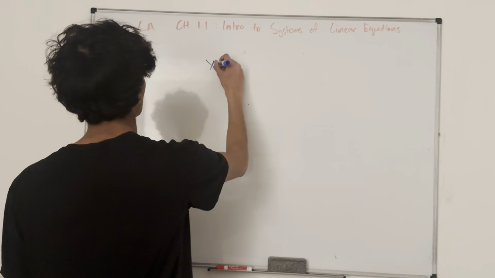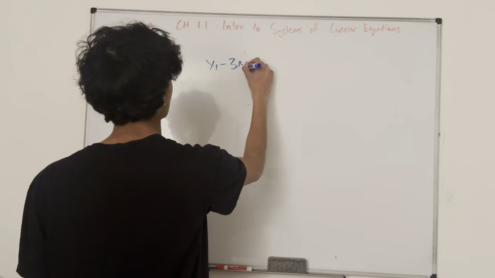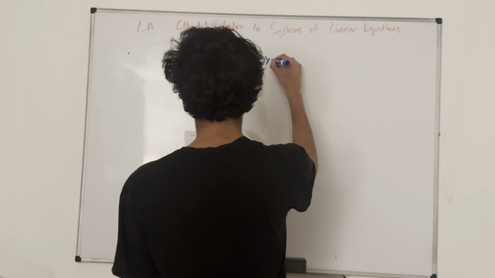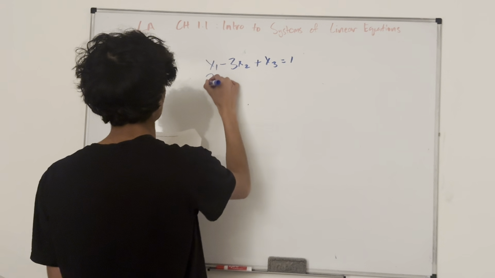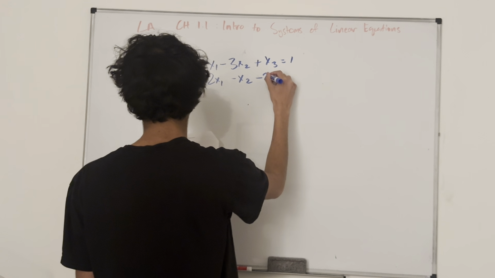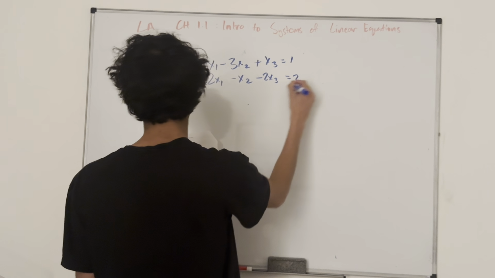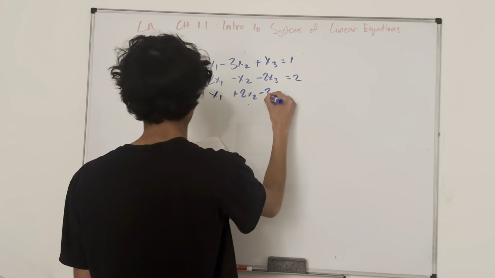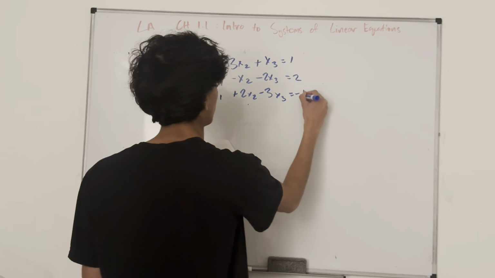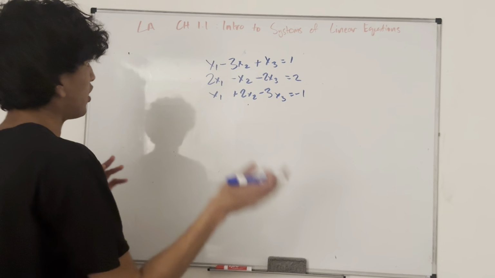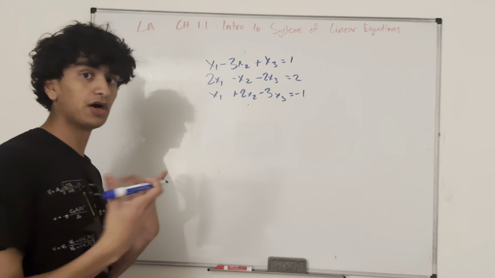So x1 minus 3x2 plus x3 equals 1. 2x1 minus x2 minus 2x3 equals 2. x1 plus 2x2 minus 3x3 equals negative 1. So let's solve this using row echelon form.